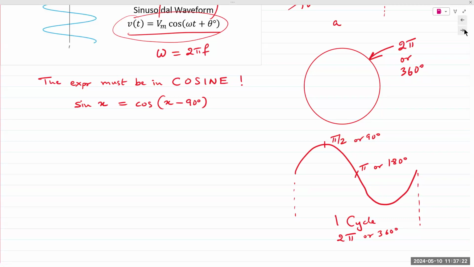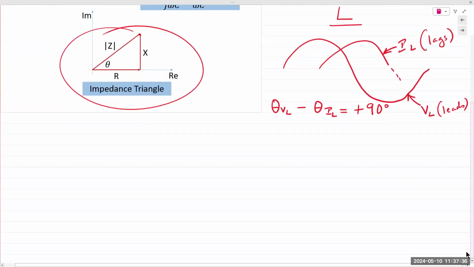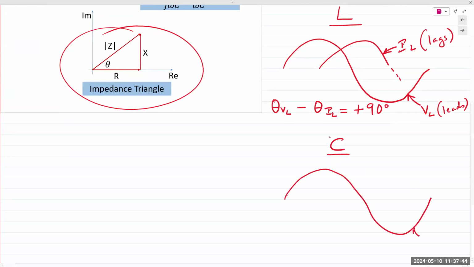All right, let's go back here. So again, that's where 90 degrees comes from. It's behind by 90 degrees, or phase shifted by pi by 2. A capacitor is the opposite. If you have a capacitor, the current IC is ahead and the voltage VC lags.